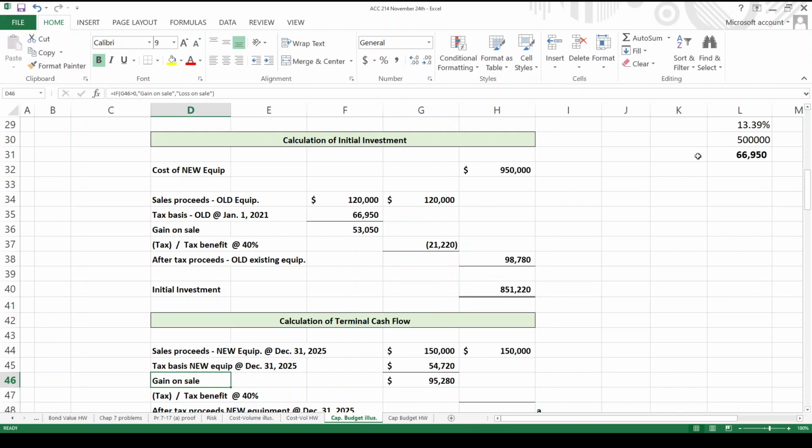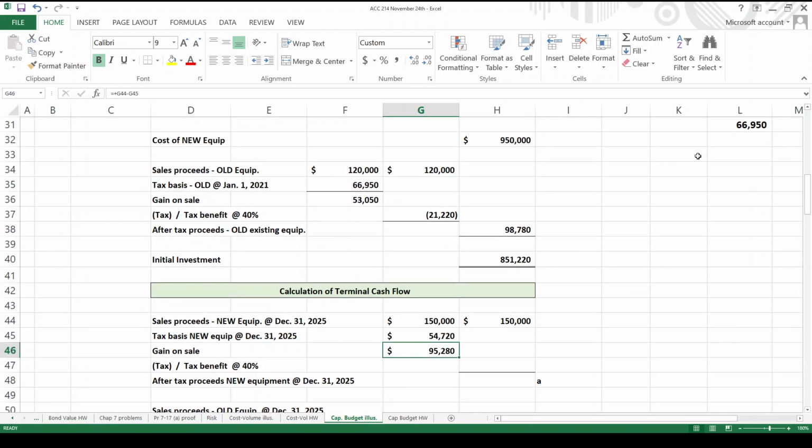Changed automatically, okay. And the bad news is we're going to have to share, right? We're going to have to share to the tune of 40%. We're going to call that the marginal tax rate. So we'll take this and multiply times minus 0.4.